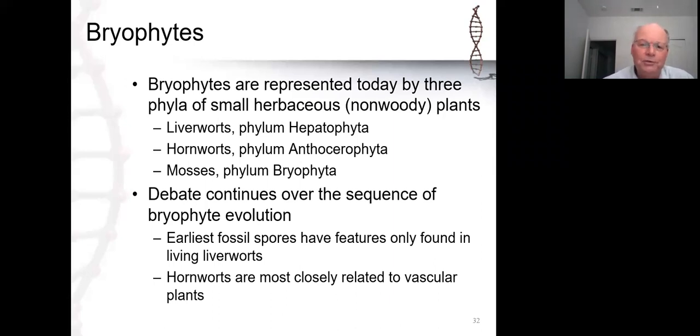When we look at the fossils that are available for these early colonizers of land, the fossils and particularly the spores are very similar to those that we see in living liverworts, which is the reason why we place the liverworts most basal to the plant kingdom.